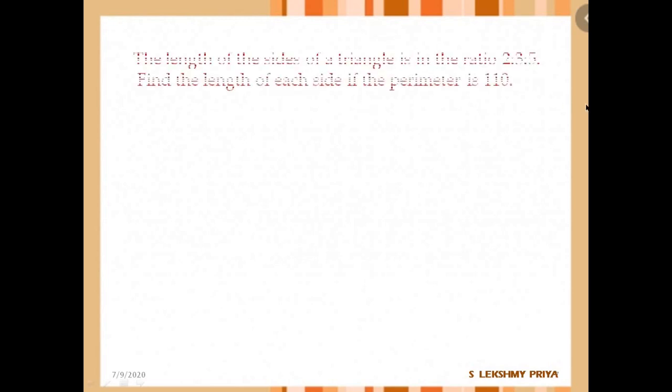Let's do another problem. The length of the sides of a triangle is in the ratio 2:3:5. Find the length of each side if the perimeter is 110. So here comes a difference. Here 2:3:5, there are 3 terms in the ratio.